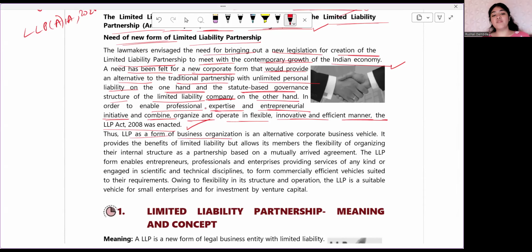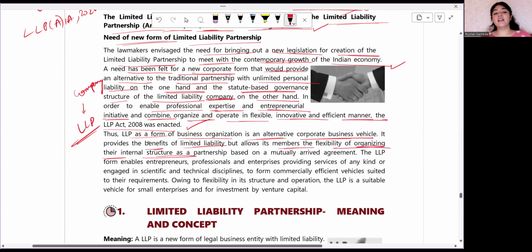Thus, LLP as a form of business organization is an alternative corporate business vehicle. The alternative of your company is the LLP. It provides the benefits of limited liability but allows its members the flexibility of organizing their internal structure as a partnership based on mutually arrived agreement. The LLP form enables entrepreneurs, professionals and enterprises providing services of any kind or engaged in scientific and technical disciplines to form commercially efficient vehicles suited to the requirements.